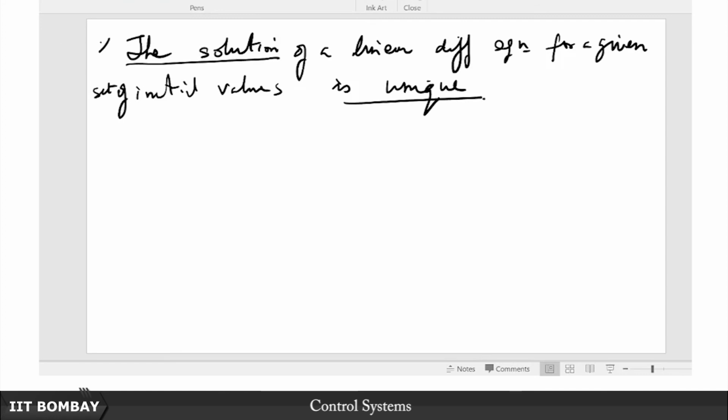We will not prove this, obviously, as it is well beyond the scope of this course. First of all the solution exists, there is something called the Lipschitz condition, again very advanced topics, we will not cover this here. Also by the Bellman-Gronwall lemma you can show that the solution is going to be unique for such linear differential equations.